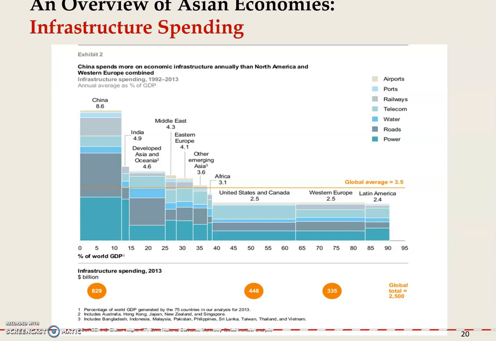This is about the infrastructure spending. Again, a comparison across regions. Now, here, when we look at how much these economies spend on their infrastructures, including airports, ports, railways, roads and power, and other things, we got to remember, because the infrastructure investment will take an extremely long period of time to make a profit or to get your investment back.